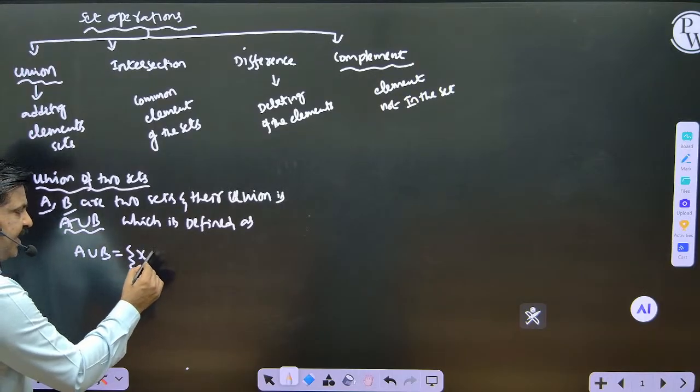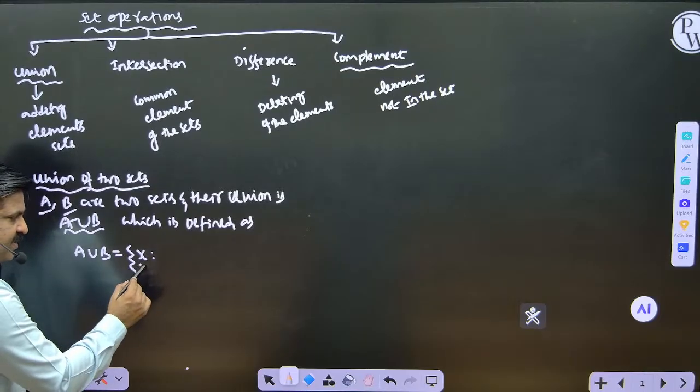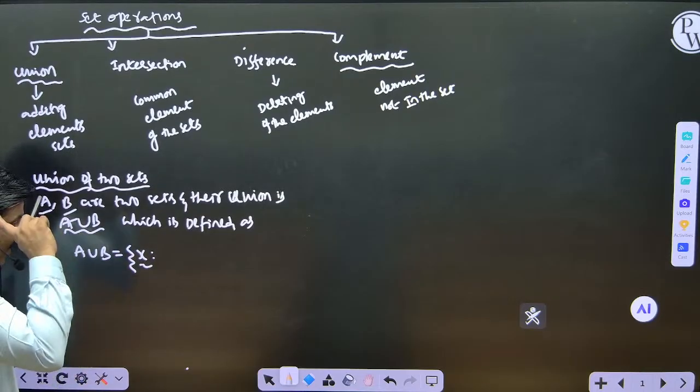This set has elements x. But what is that x?